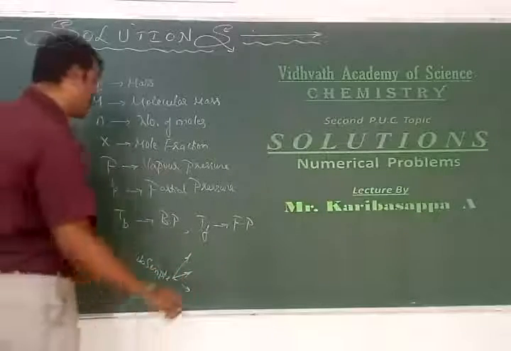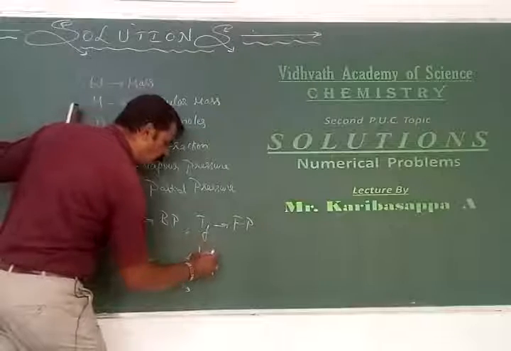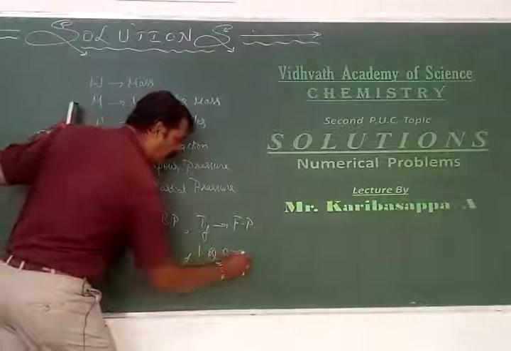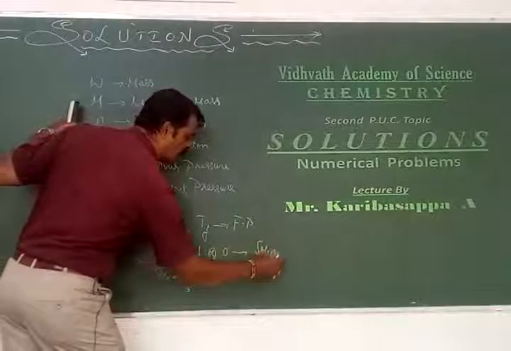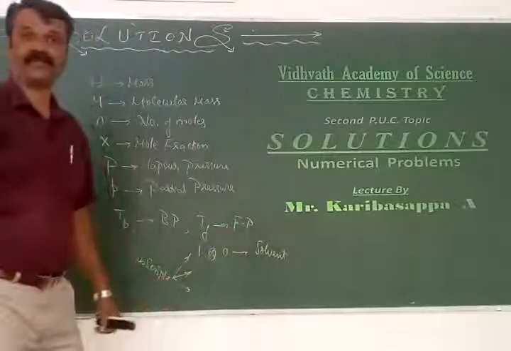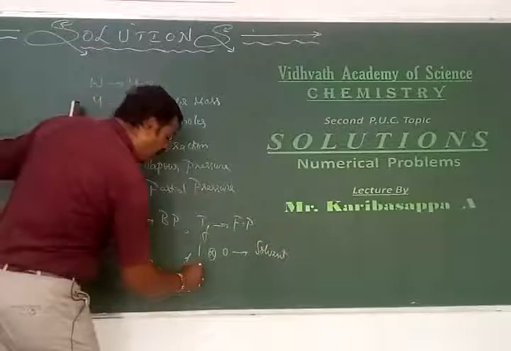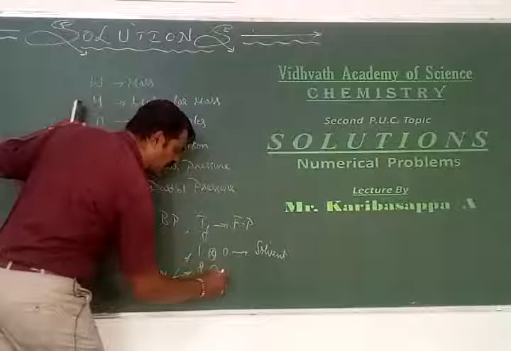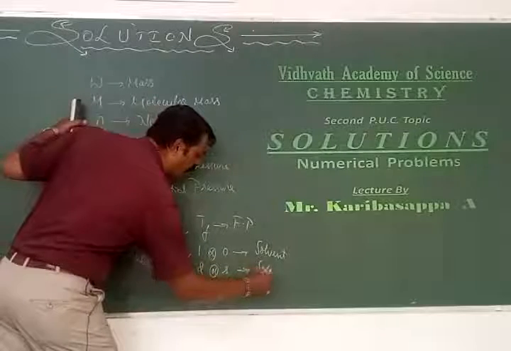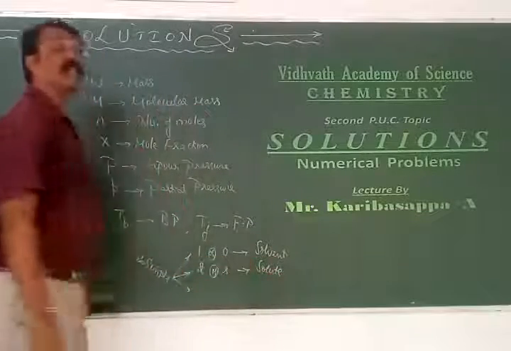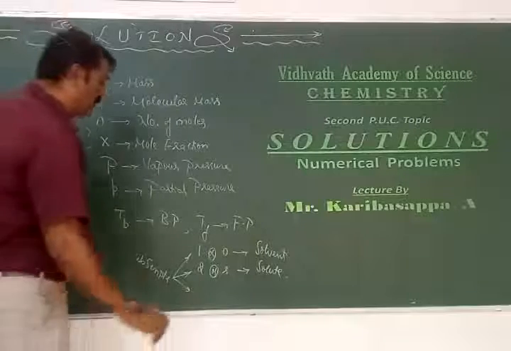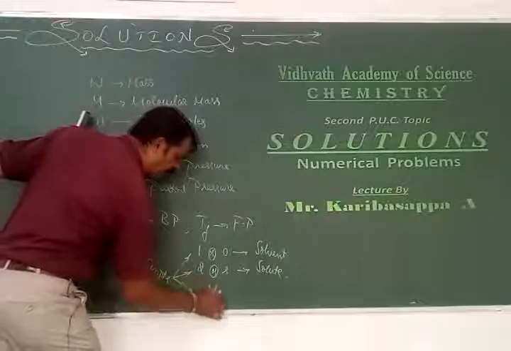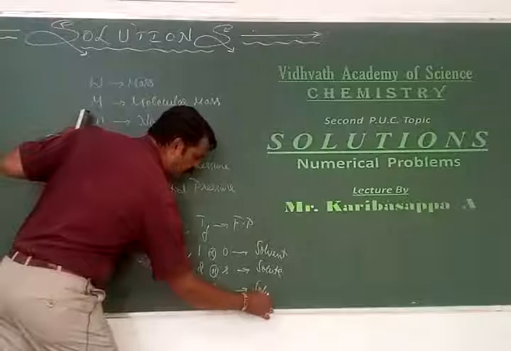Sometimes I can use 1 or it may be naught. In that case, it is called solvent. If it is 2, or sometimes the small letter they prefer, then we use that for the solute. Suppose there is no subscript, then it refers to the solution.